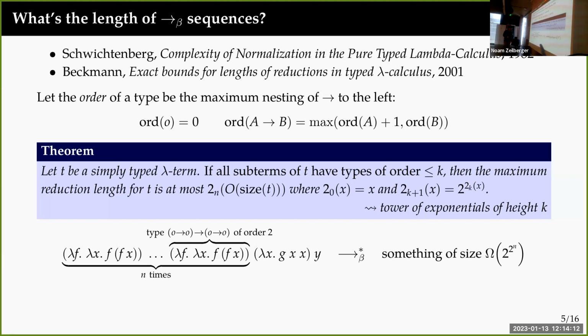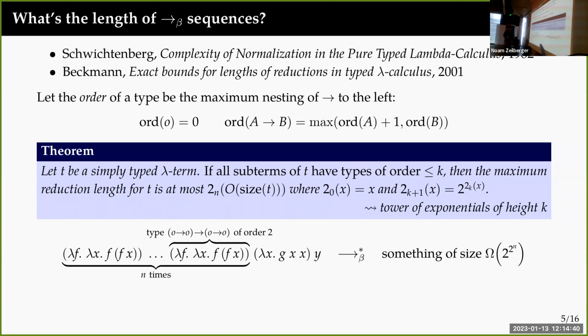And if you normalize this thing, you get actually something with the 3 variables t and y, which has size around 2 to the n. Why is that the case? Because this encoding of the number 2 is basically a higher order function that does something twice. If you do something twice n times, that means you do it 2 to the n times, and then what are you going to do 2 to the n times?